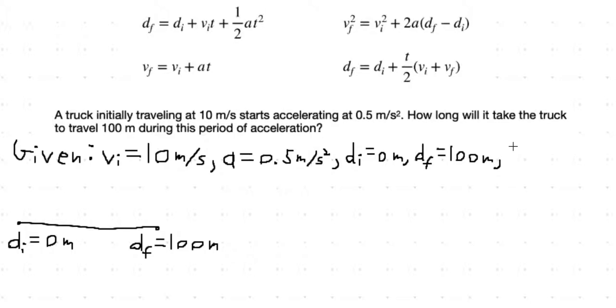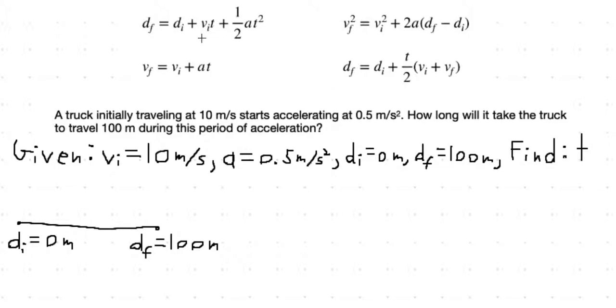So we want to know the time of travel here. So we're trying to find t. So looking at the equations here, we want to find an equation that has all the given variables and then the variable t that we're trying to find.